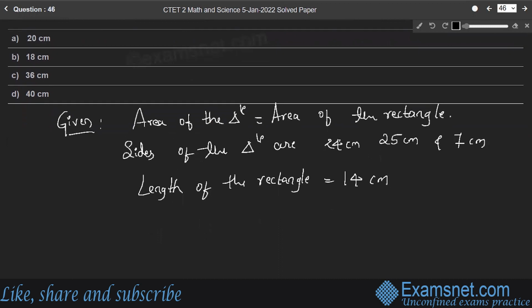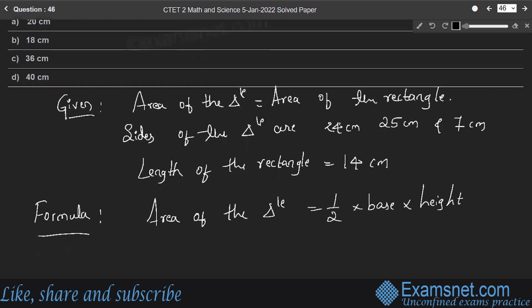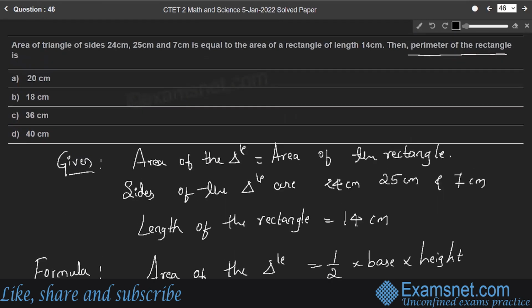Therefore, here formula to be used. So we need to find area of the triangle. Area of the triangle by using the formula half into base into height. After that, we need to find breadth of the rectangle using the formula to find area of the rectangle, that is A is equal to length into breadth.